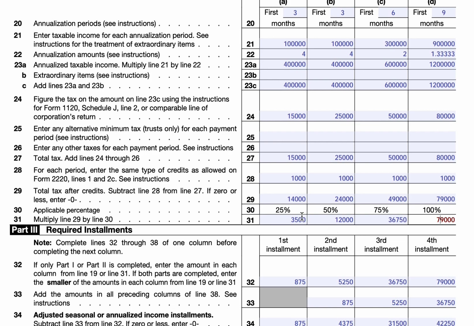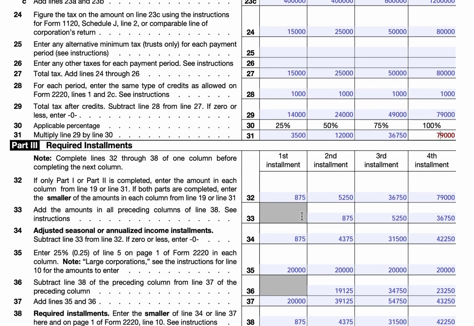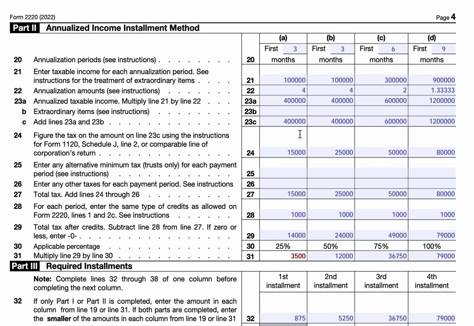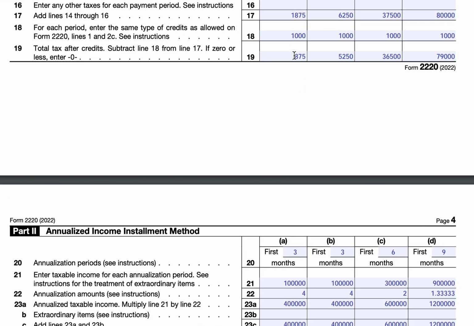So now we go to the required installment. If you only completed part 1 or part 2 of this form, you would bring down the respective amount in each column. However, since we completed both parts, we get a chance to compare them to see which one we would rather use. So in this case, we're comparing the 3,500 to the 875 up here.